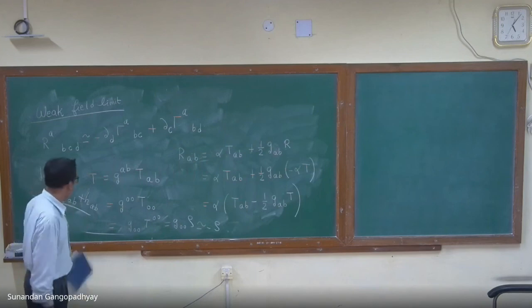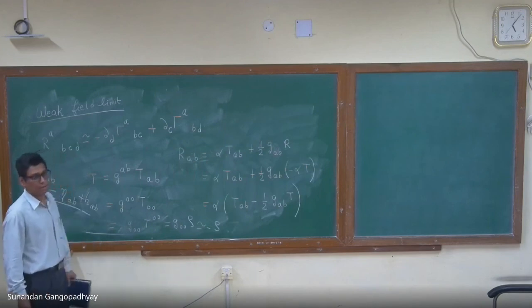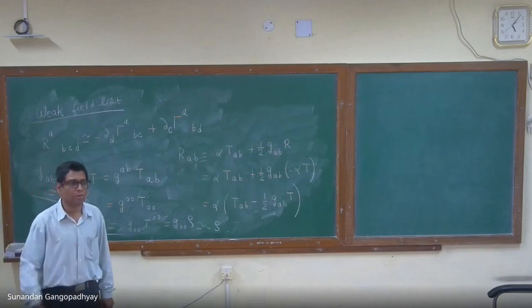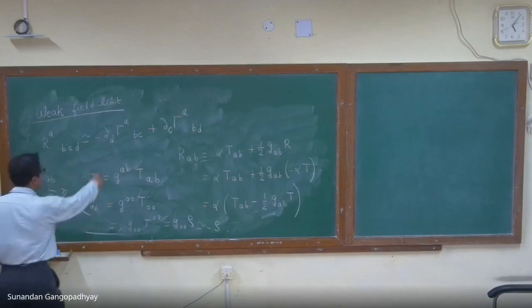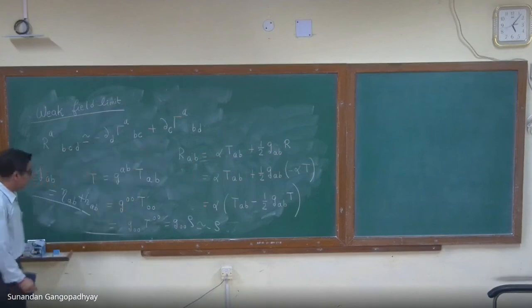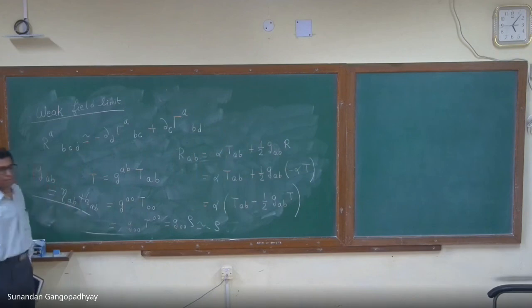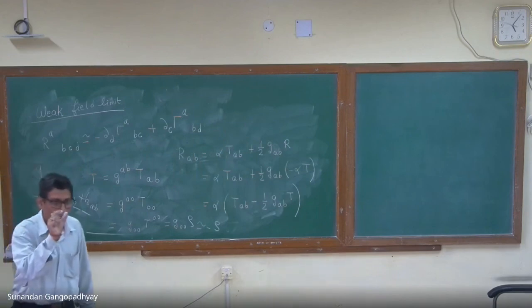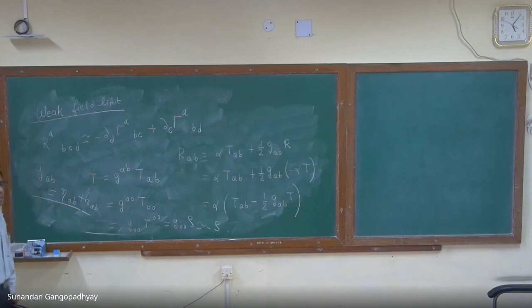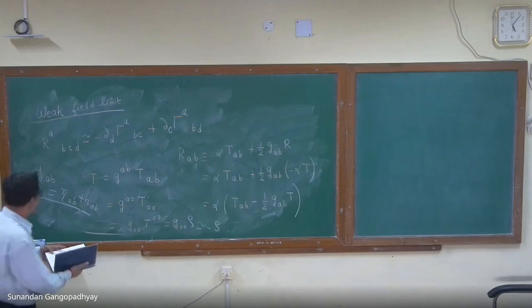Product of two gammas means proportional to h squared. Weak field limit, h squared, throw it away. Only these two terms are of the order of h. By h I mean this, not the h that I wrote previously, which was the parameter that distinguishes the nearby geodesics. This h.